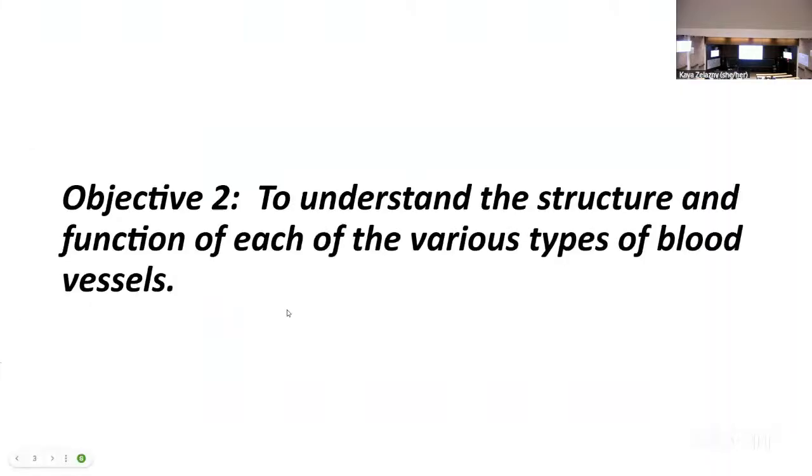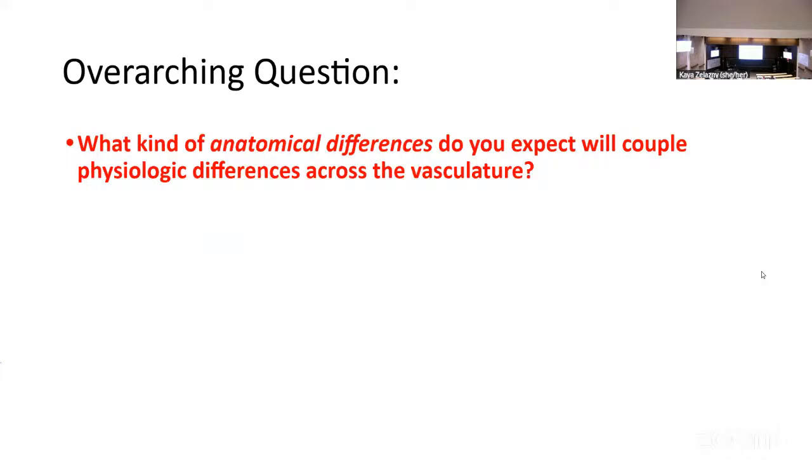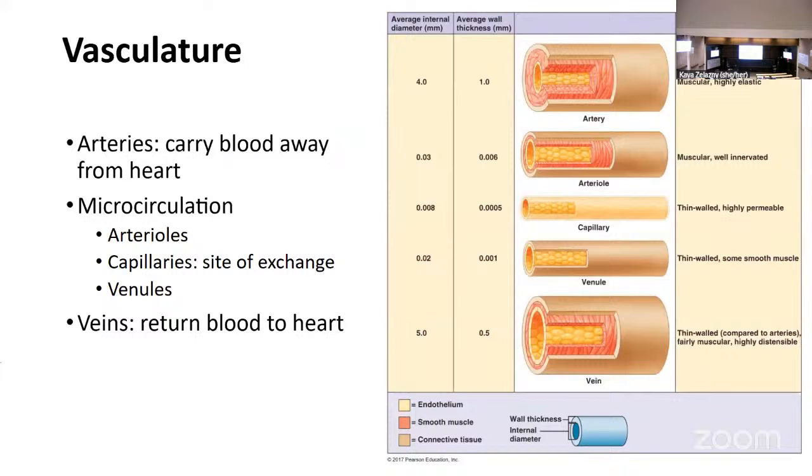Okay, great. So now we're going to be thinking about our different types of blood vessels, and we're going to be thinking about some of the structural differences that relate these physical concepts to what we actually see in vasculature. Okay, so for our blood flow, we reviewed briefly, starting from the heart, we have arteries going away, right?